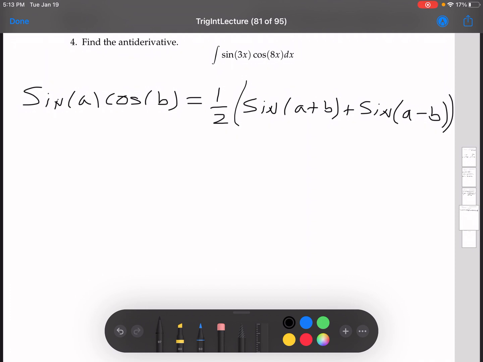All right, so what we have here, the 3x is my A, that's my B in the formula here.